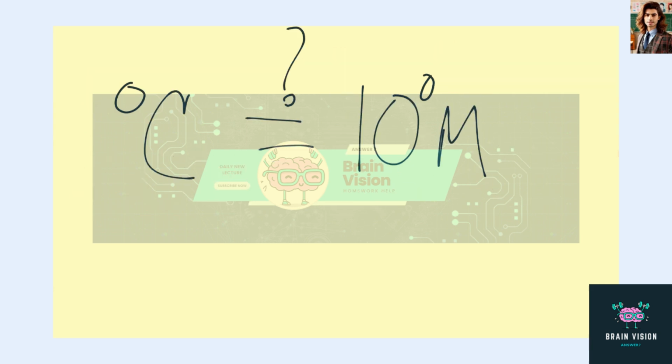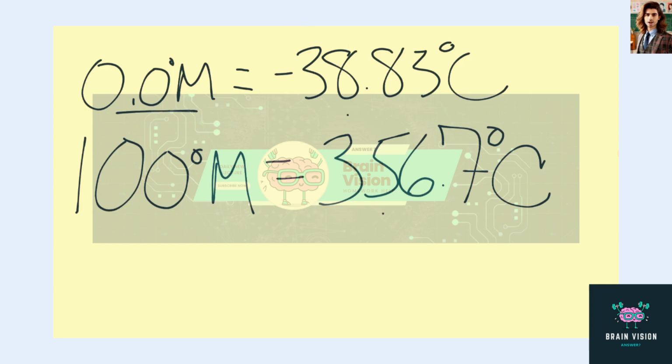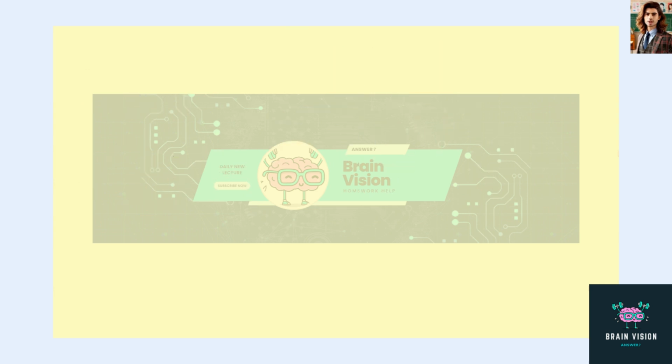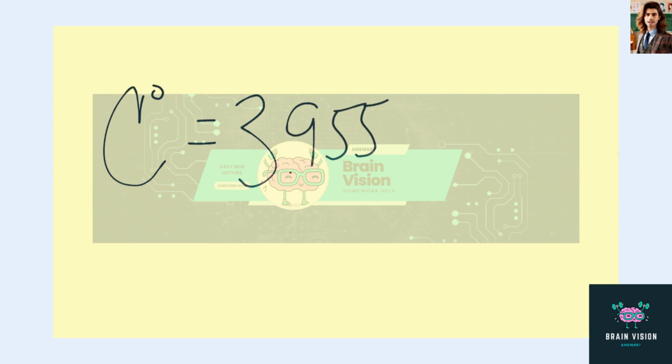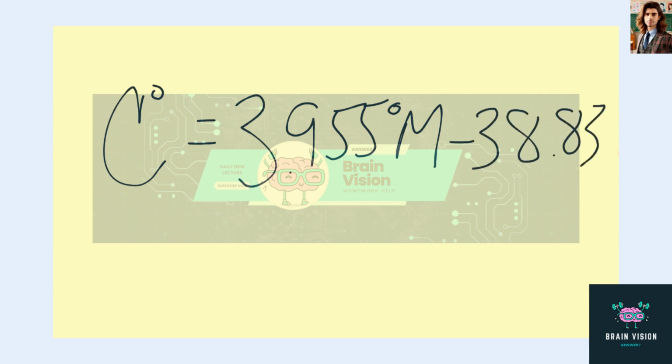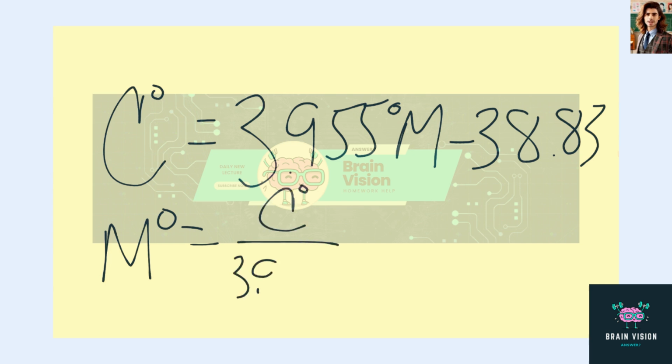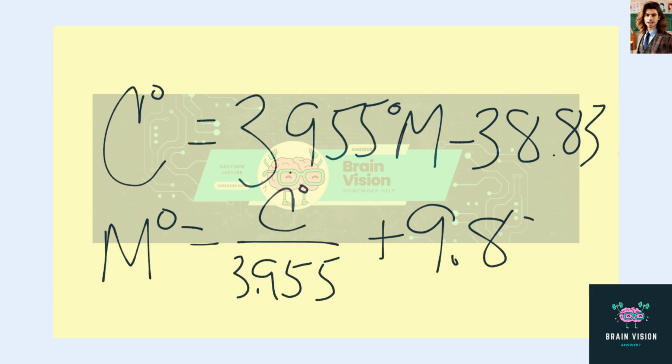I can use this fact along with the fact that 0 degrees mercury equals negative 38.83 degrees Celsius to find a formula that looks like: degrees Celsius equals 3.955 degrees M minus 38.83, or degrees M equals C degrees Celsius over 3.955 plus 9.82. With these two equations, I can answer my questions.